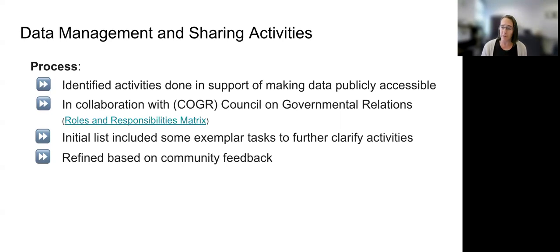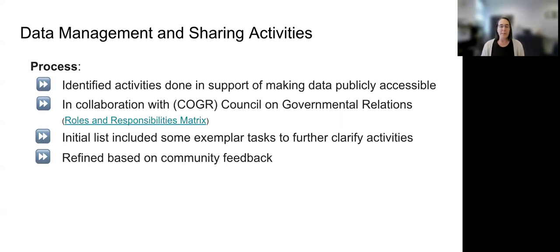We acknowledge that there are a lot of glossaries and collections of terms that describe words that you'll find in our activities lists, and we did intentionally draw from them. We worked in collaboration with the Council on Governmental Relations, who created a very comprehensive matrix of roles and responsibilities and list a lot of similar actions as we did here.